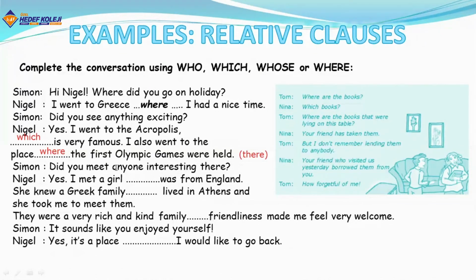Did you meet anyone interesting there? Orada hiç ilginç biriyle tanıştın mı? Yes, I met a girl. Bir kızla tanıştım. A girl is a person, so who was from England.